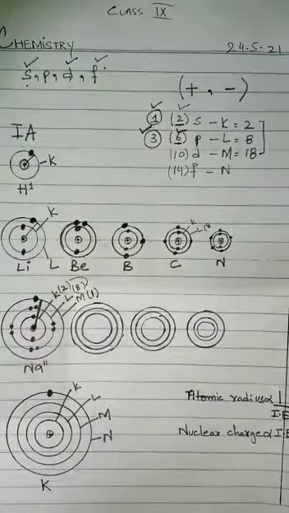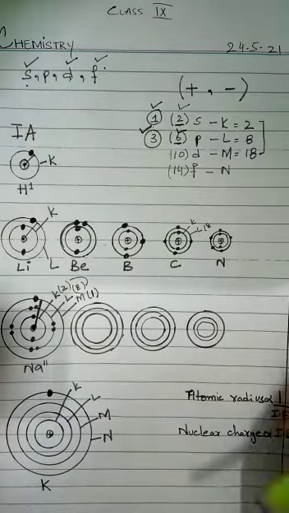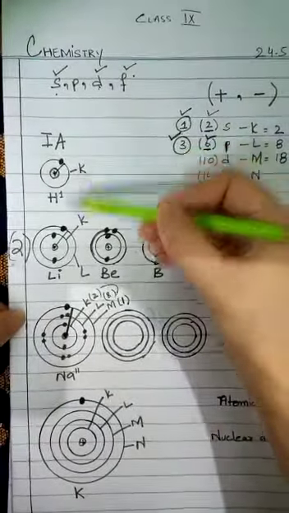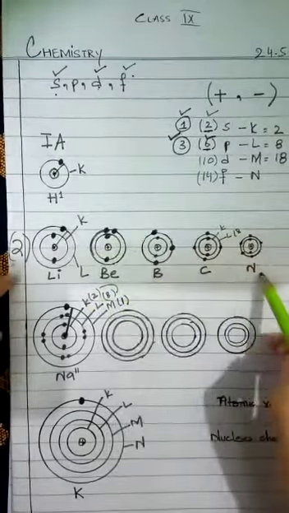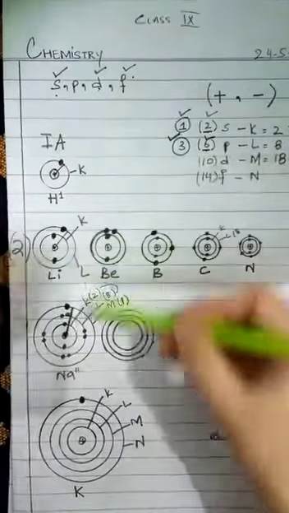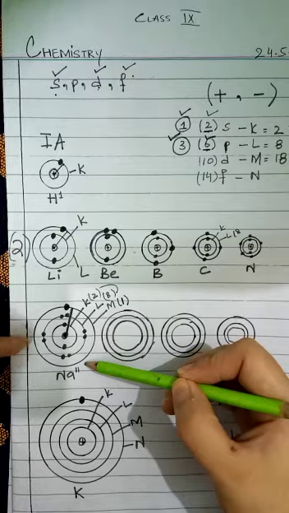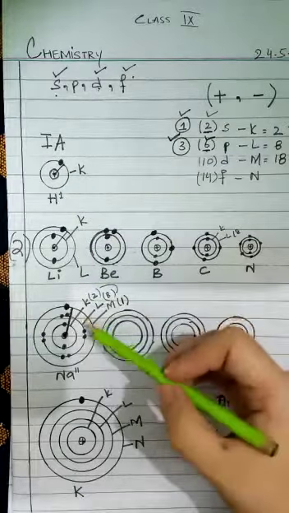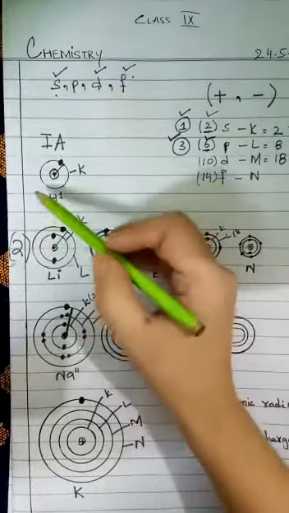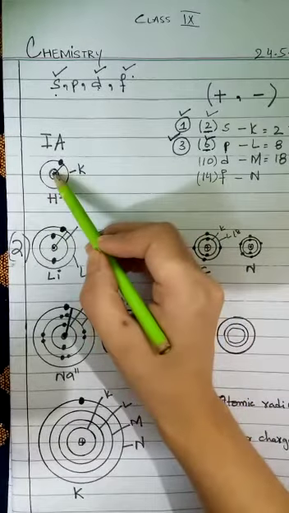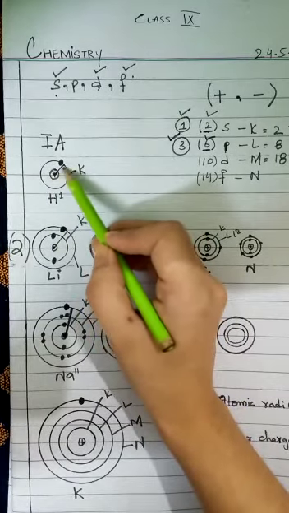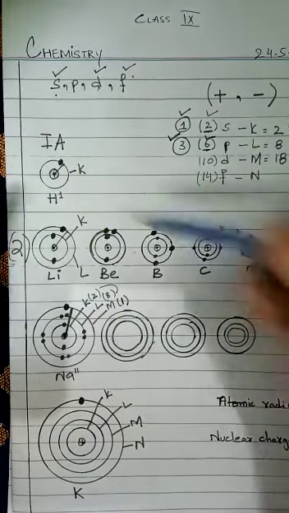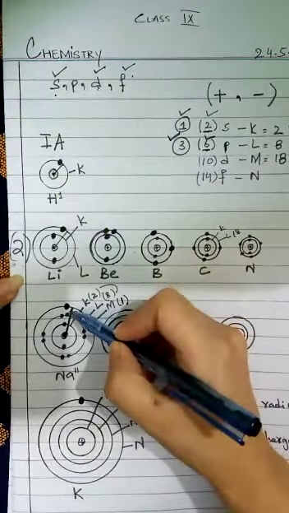Number 1 is atomic radius of an atom. Atomic radius increases in a group and decreases in a period. When we go from top to bottom, atomic radius increases because of the addition of electrons. As atomic number increases, number of electrons also increases. So that is why atomic radius, that is the distance between nucleus and the valence shell, also increases.